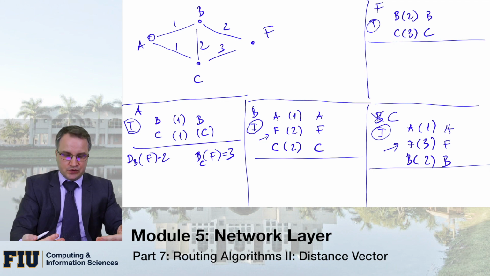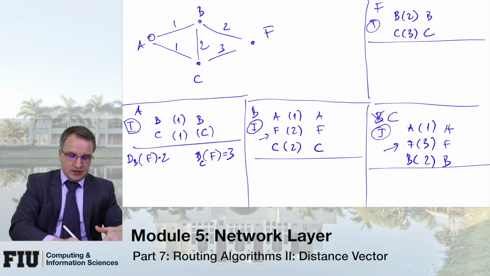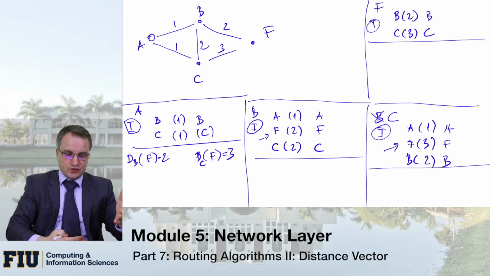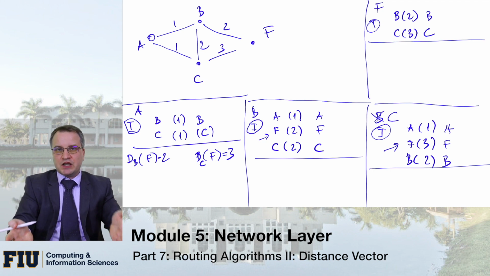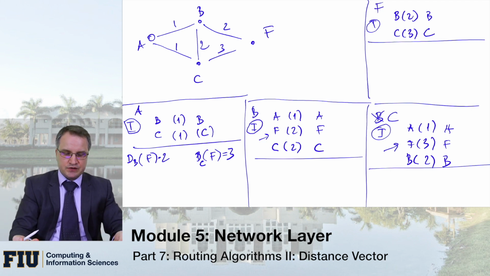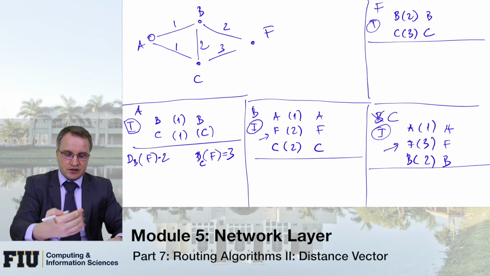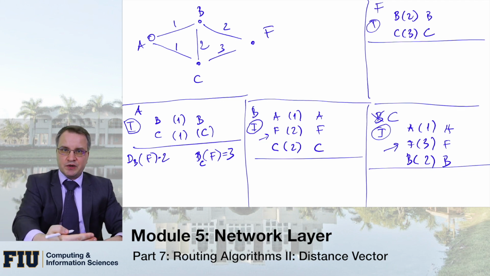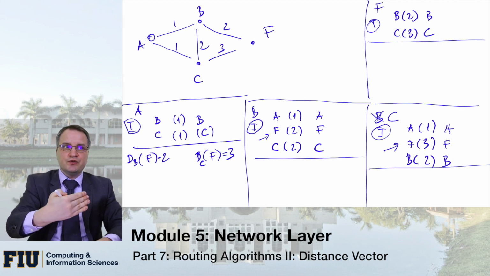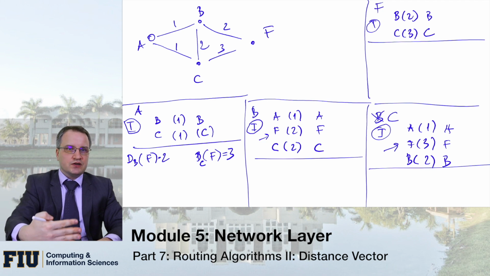And now we simply need to evaluate this information. We need to go either through B or through C, and we simply compare and recalculate. Based on the previous discussion, the recalculation looks at the cost of going to the neighbor plus the cost to reach that destination through that neighbor.